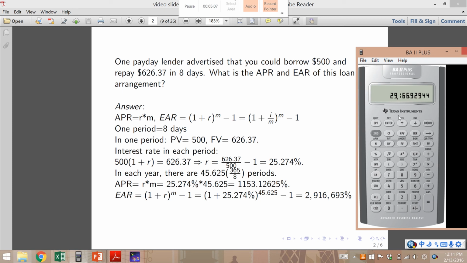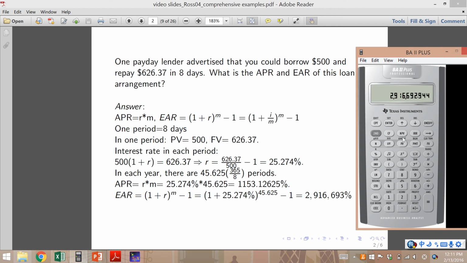Okay, so this is the number. Now we need to convert it back to percent. In order to convert back to percent, we simply multiply it by 100. It's like 1 would equal 100%. So you multiply that number by 100 and add the percent sign. Okay, so this is exactly what we have here. I rounded to the nearest integer.